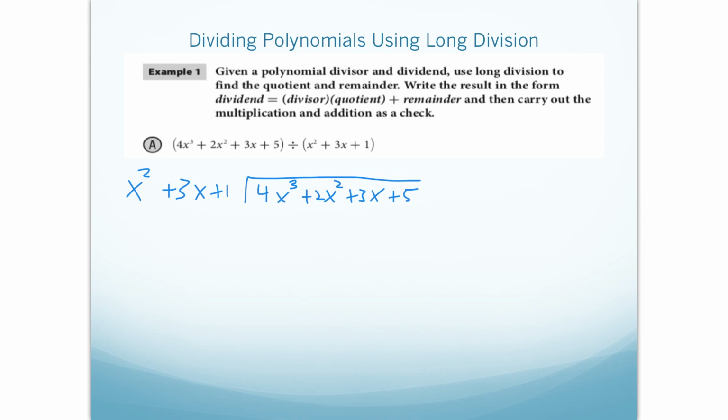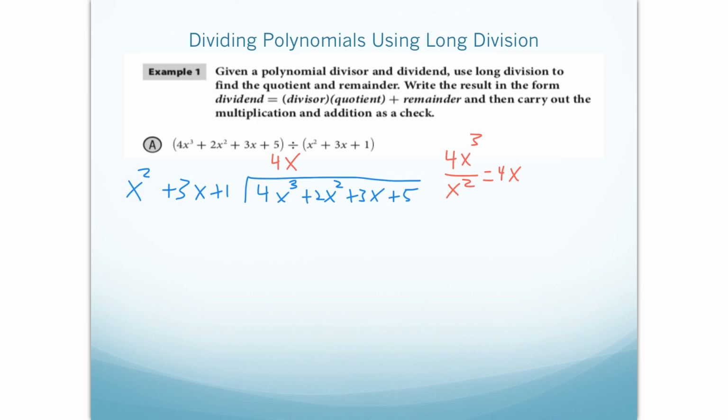So now we're going to look at the first term, 4x to the third, and we're going to divide that by x squared. So if we take 4x to the third divided by x squared, that's 4x. That's the first factor in the expression.